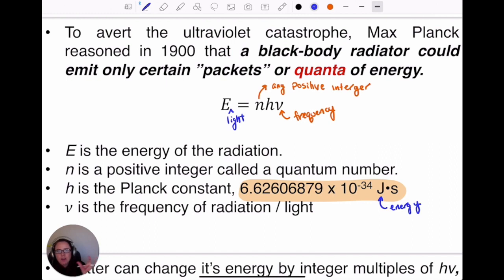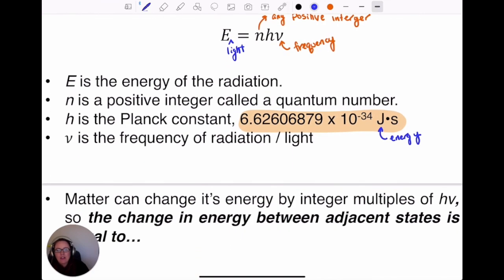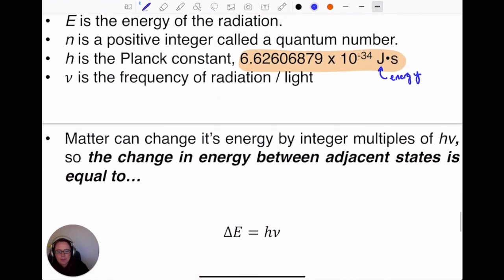If we look at heats of reaction, those tend to be in the hundreds or thousands or even tens of thousands of kilojoules of energy. And now we're down at 10 to the minus 34. So this is an incredibly small packet, but it does have really dramatic consequences for our understanding of light, and even our understanding of visible light.